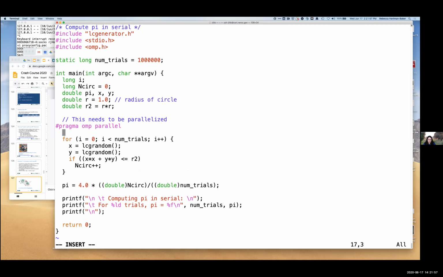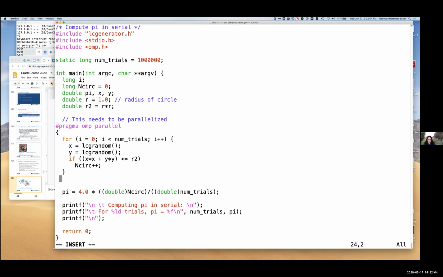It's going to be this whole thing right here, because calculating pi we don't need in parallel. That should be serial, and printing it out should also be serial. So this is going to be our parallel region right here.